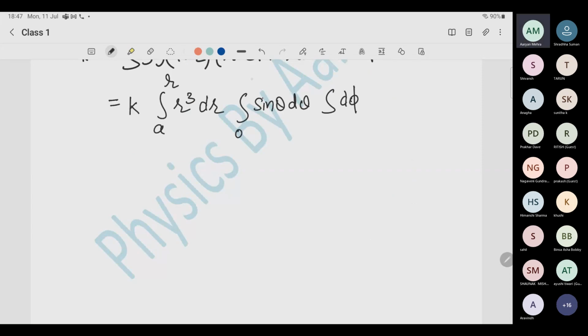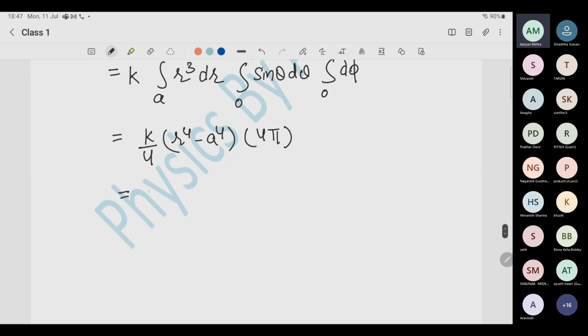Theta has the same limit 0 to pi, and phi has the same limit 0 to 2 pi. If I solve this, I will get k by 4 times (r raised to power 4 minus a raised to power 4), and these two will give 4 pi. So I will get pi k (r raised to power 4 minus a raised to power 4).